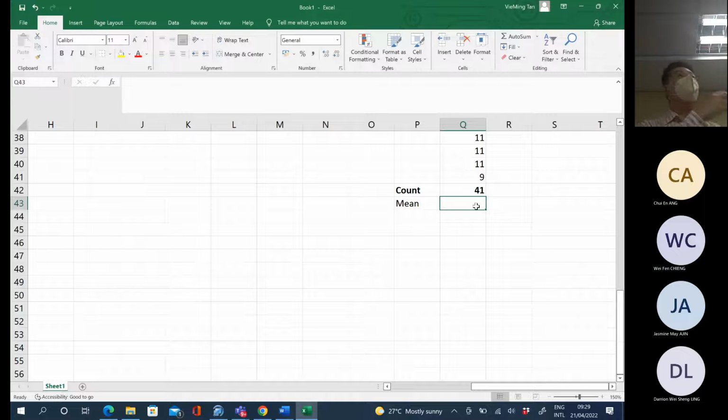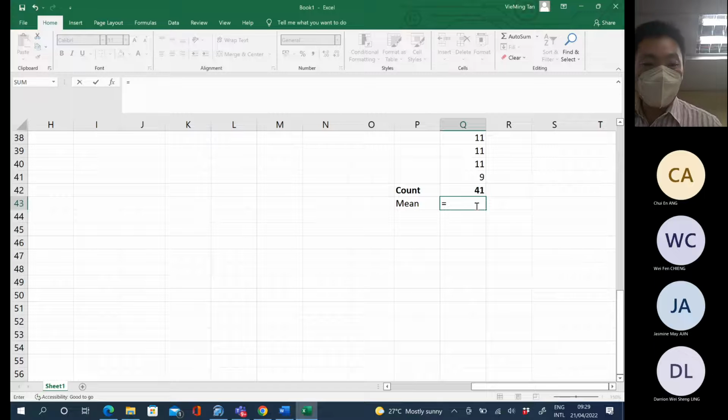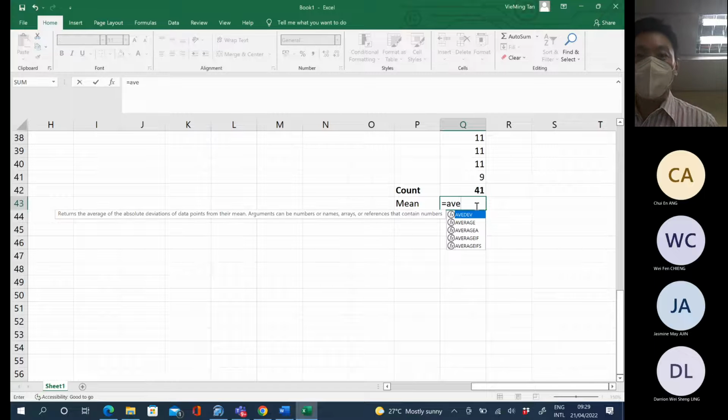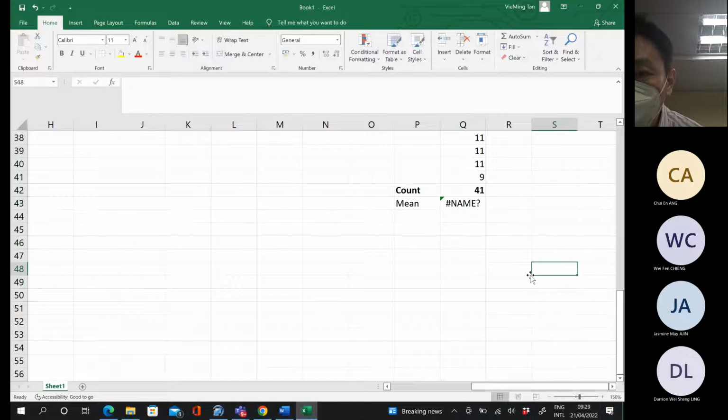Okay, so in the Excel, you cannot find the mean function, but you can get a function of average. You can type AVERAGE. When you type AVE, then there are many options for you to choose. So you choose average, the second one. I try to increase the size of the screen.